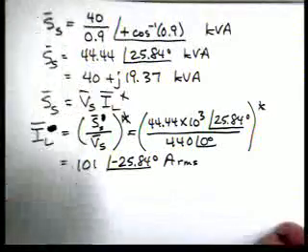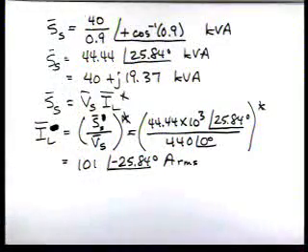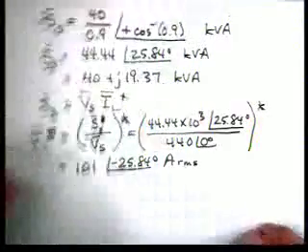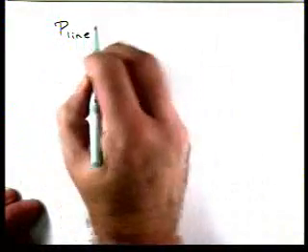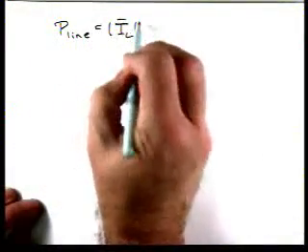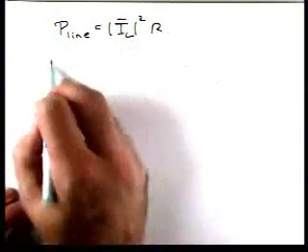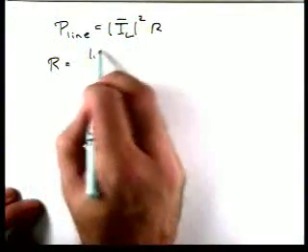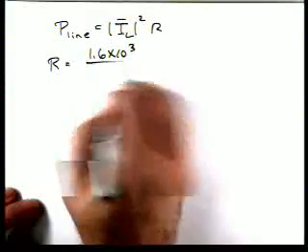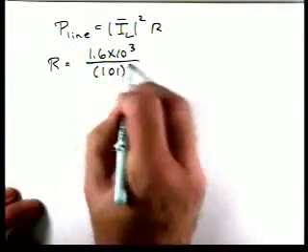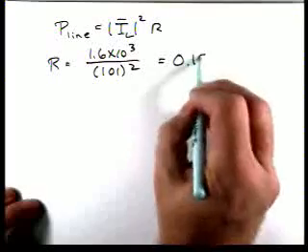And we can calculate R and X if we'd like. While we are calculating, for instance, we know that P of that line would be the magnitude of IL squared times R. So R would be the 1.6 kilowatts divided by 101 squared, which would be 0.157 ohms.